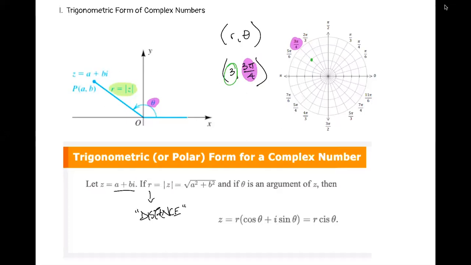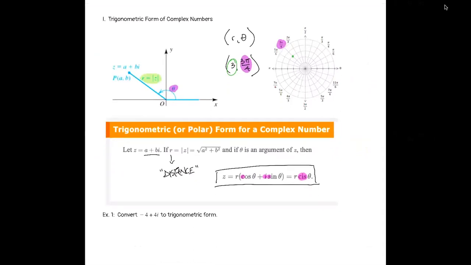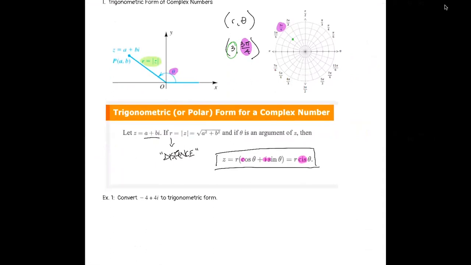Then, instead of writing a plus bi, we can write it as r cosine theta plus i sine theta, or we shorten that to r cis, c-i-s. Those 3 letters make up this cis. Okay. I feel like sometimes this sounds more overwhelming than it is because there's a lot of new notation, but let's jump right in and practice converting a complex number in rectangular form to polar form, okay?